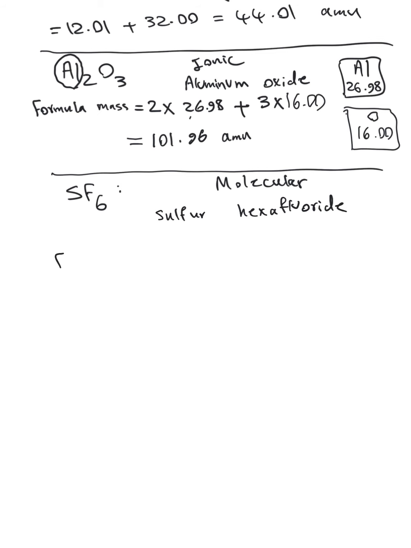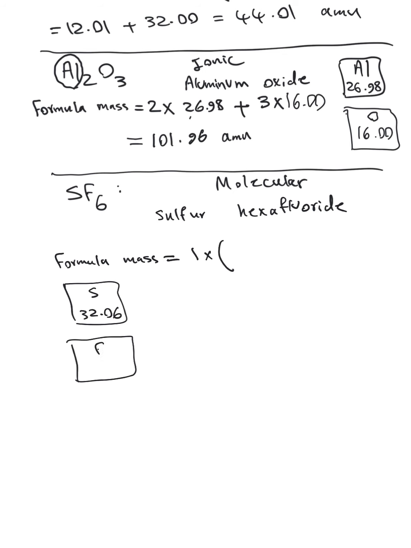So to calculate formula mass, how many sulfur atoms do we have here? Exactly. We have 1 multiplied by, again, if you go to your periodic table, you will have something like this. And then if you go for fluorine, you have something like this.